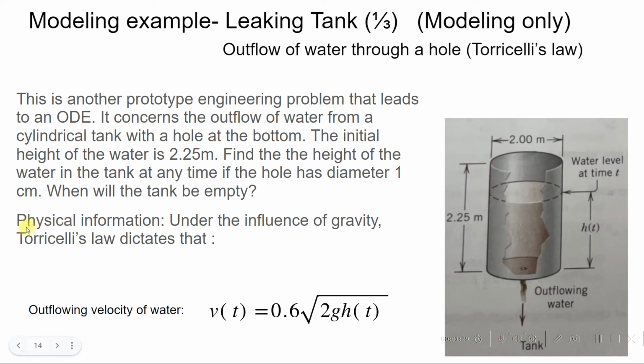And here physical information is given. Under the influence of gravity, Torricelli's law dictates that V of t, which is the outflowing velocity of water, equals 0.6 times the square root of 2 times g times h of t.